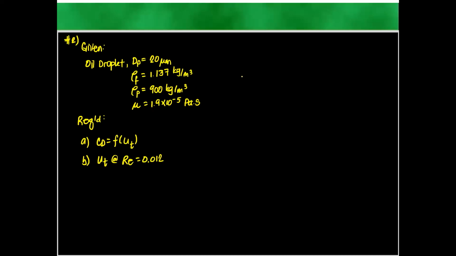As a function of UT, we can see that the formula for UT, remember, is 4/3 g dP over CD rho, and then the whole thing is raised to 1/2.